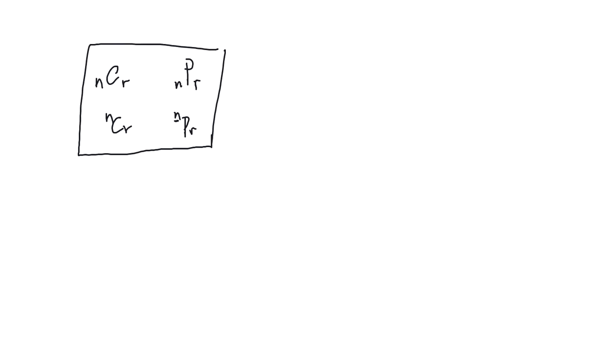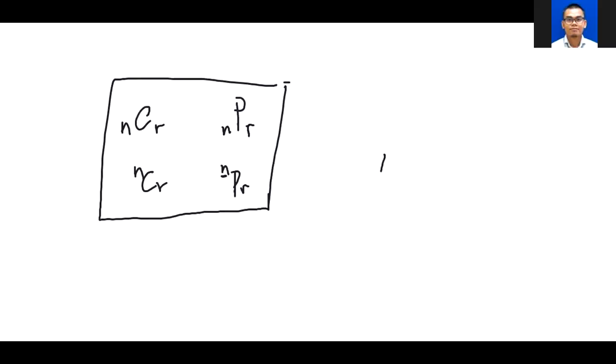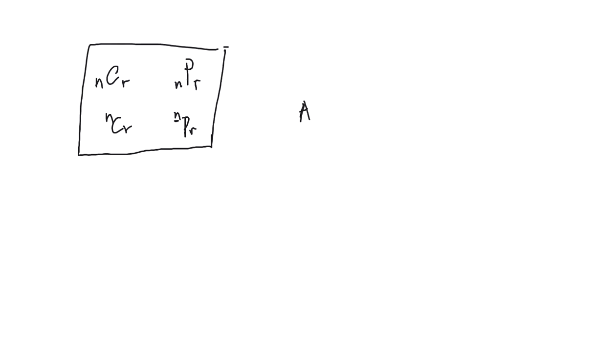Now, the example that I want to use here is, let's say you have three persons: person A, person B, and person C, and there are three chairs.